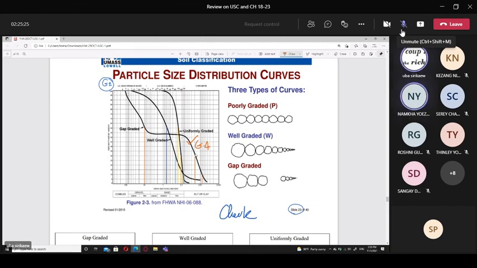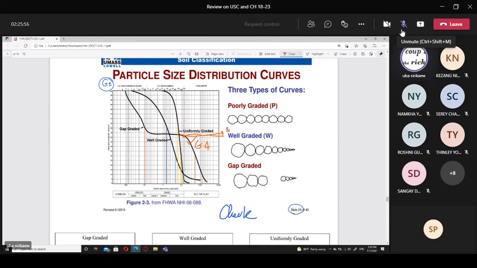Okay, I need you to explain more about this line, only this line. You see? Sieve number 200 here. You take reading this. How many percentage of 200? 45, right? 45, 50, right? Maybe 52? Okay, yes, 52%.